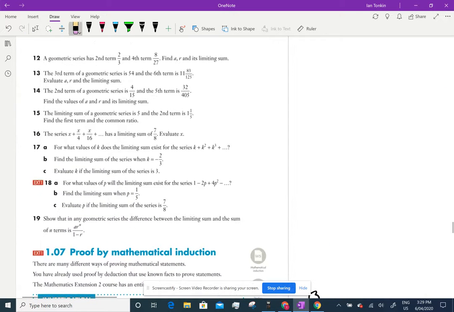So, question 14. The second term, T of 2, equals 4 on 15. Now T of 2 is AR to the 1, so AR equals 4 on 15.